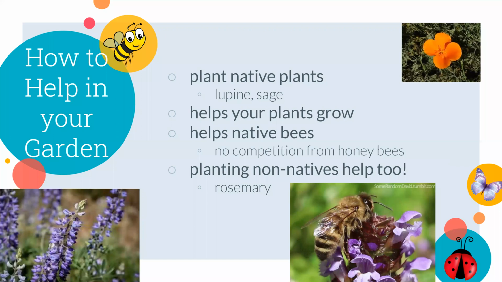So not only does planting native plants help your garden be low maintenance, since native plants are well adapted to this environment, it also, as I said before, helps out native bees, since they're especially good at pollinating them and they also have less competition from honeybees, since honeybees are probably more attracted to more European plants. But even if you can't plant native plants, planting non-natives helps too, since every bit helps. Next slide, please.